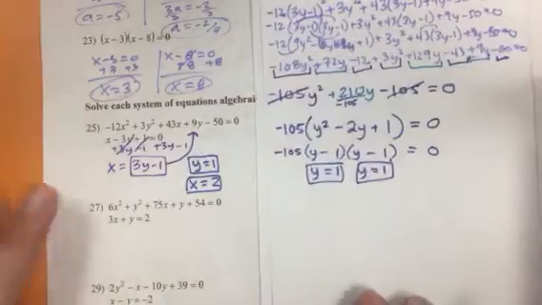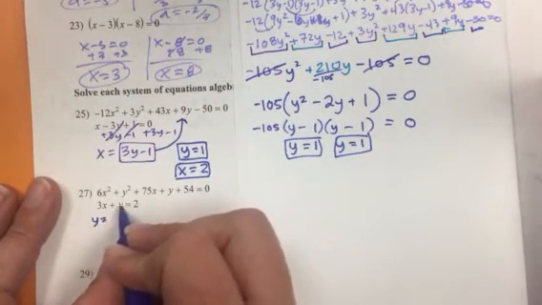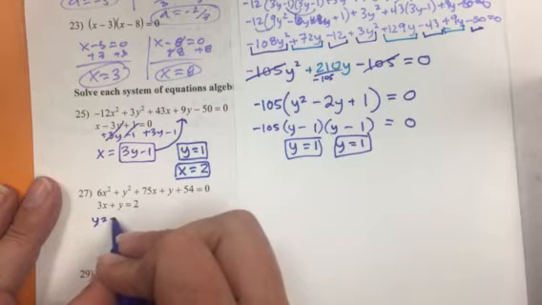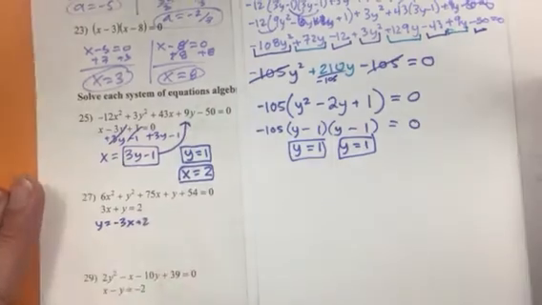Alright, let's try 27. I solve for y because it's the value that's by itself, so minus 3x and a positive 2 when I move it over.